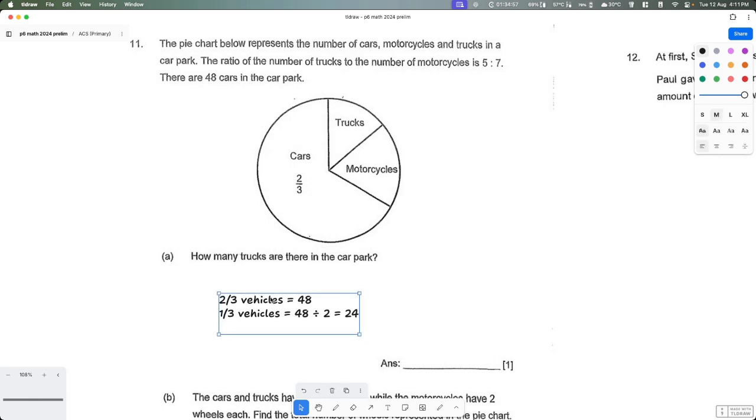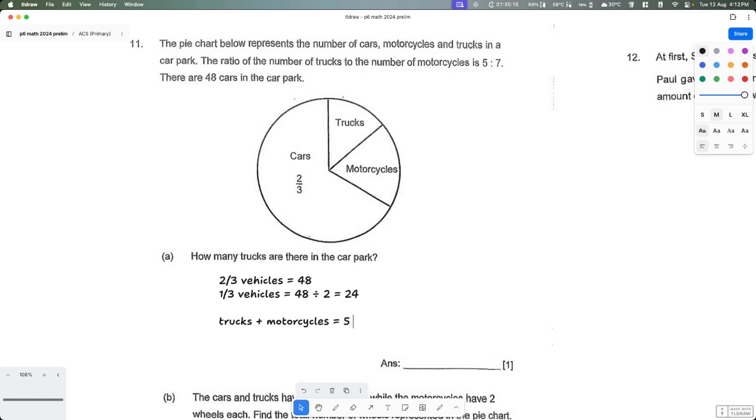So we know that one third is left as well. The ratio of trucks to motorcycles is 5 and 7. So trucks plus motorcycles is equal to 5 plus 7, which is equal to 12 units.